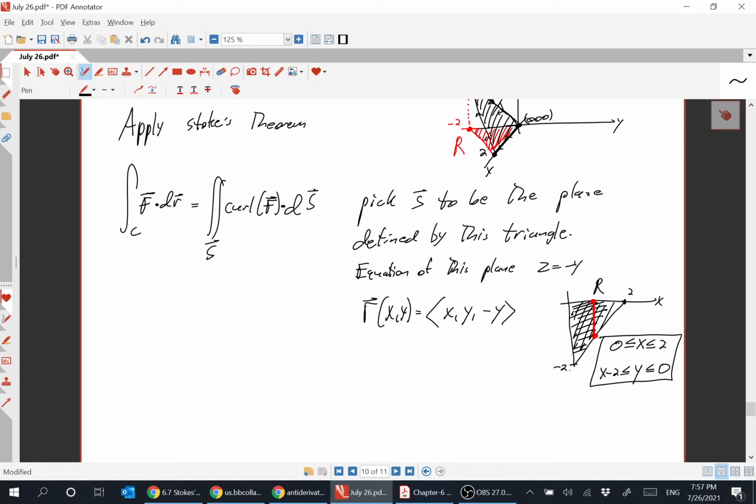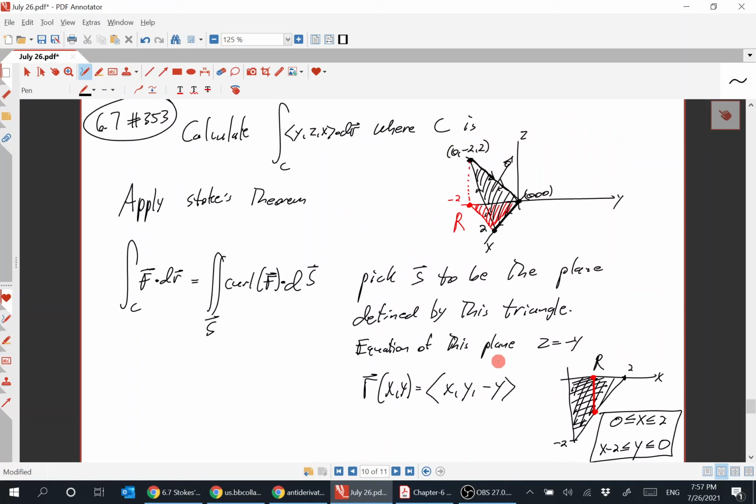Okay, so we've got the surface now. We've got this curve C, and then we found a surface. Doesn't matter what the surface is, just matters what the boundary of that surface is. We did a lot of examples like that last time. They gave you a surface whose boundary was this circle, and then the surface was like a sphere or this paraboloid or whatever else it was, but it doesn't matter.